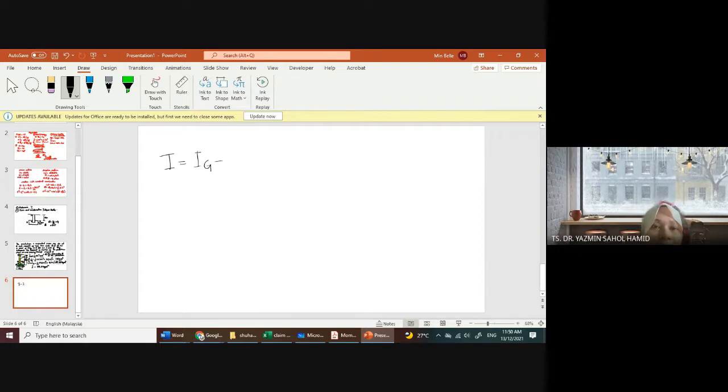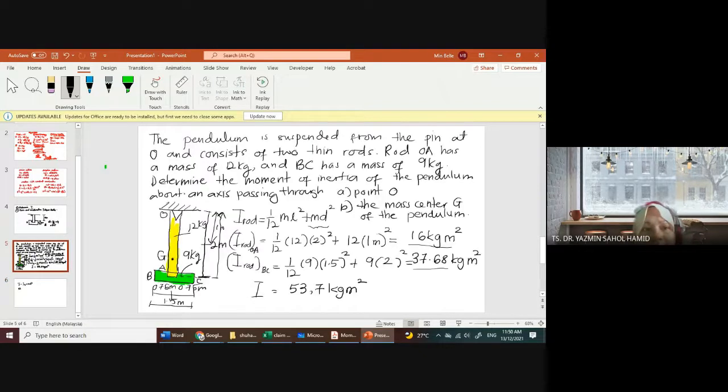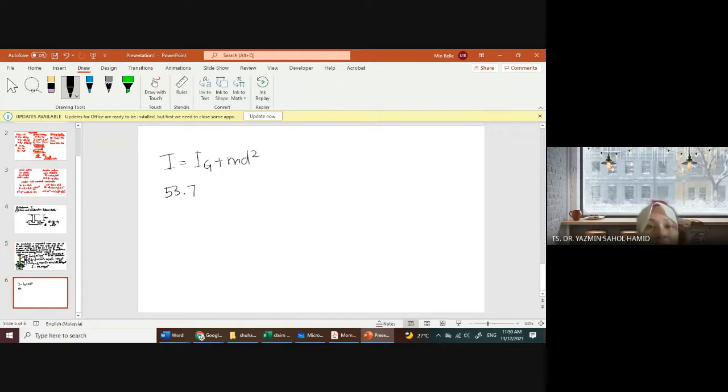I sama dengan IG plus MD squared. So, I dia adalah yang tadi kita calculate, iaitu 53.7. So, kita kena cari IG plus MD squared. Tapi D dia berbeza. So, D ni kita kena cari Y bar untuk keseluruhan diagram tu.